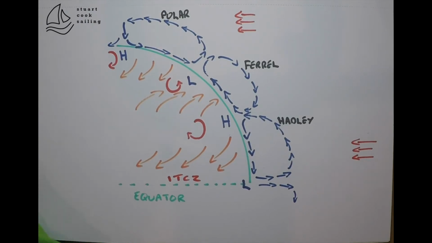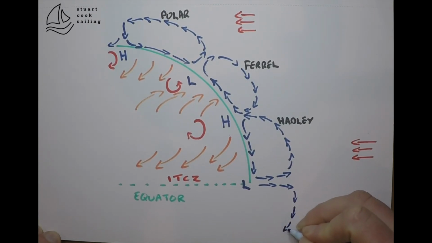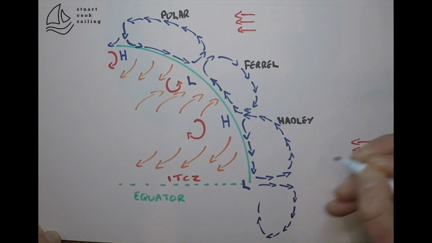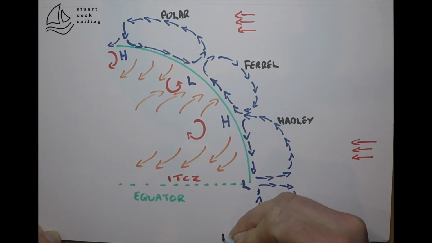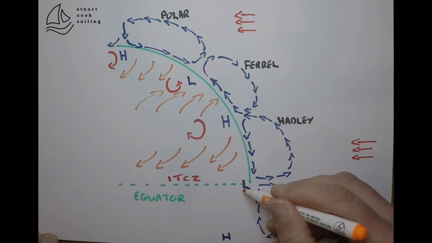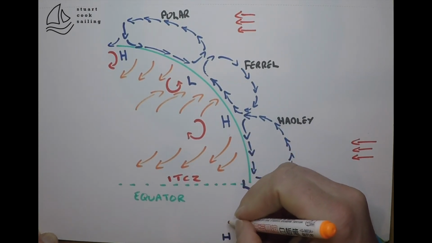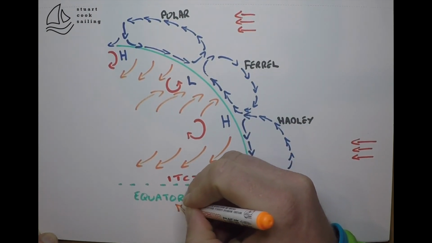And the reason for that is, in the southern hemisphere, as we complete the Hadley cell in the southern hemisphere, we have these winds trying to come from the high to the low. Again, because they're coming towards the equator, they're getting pushed to the west, and so we end up with these east-south easterlies.